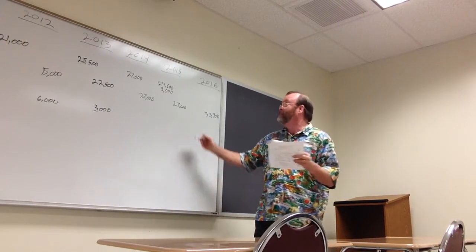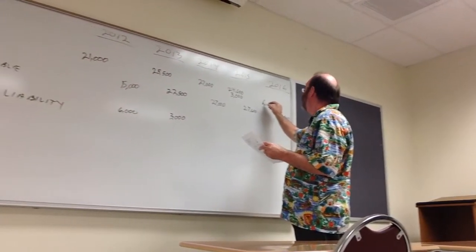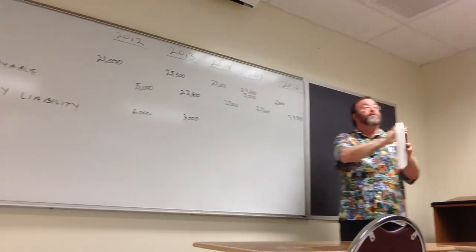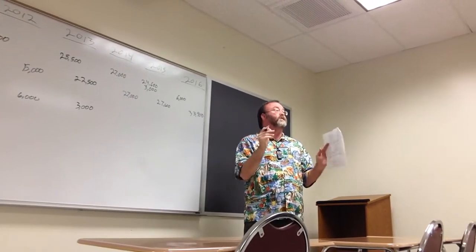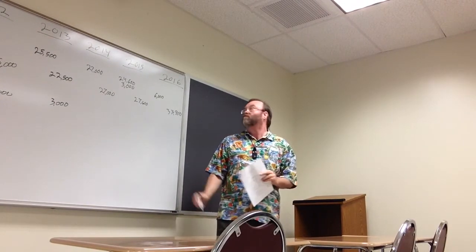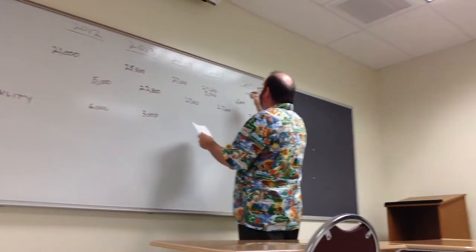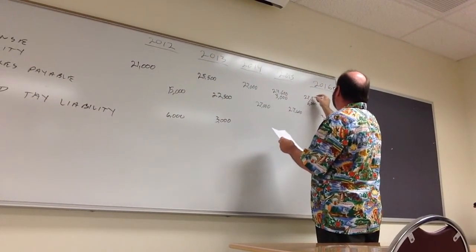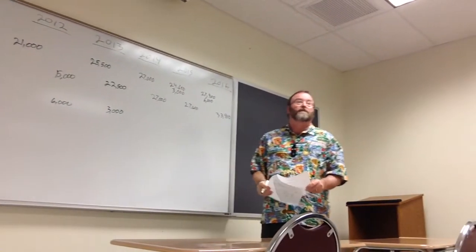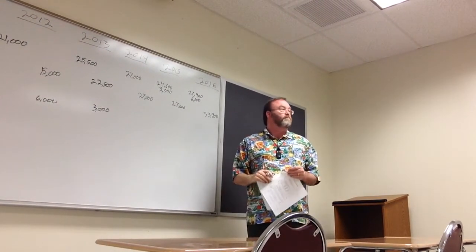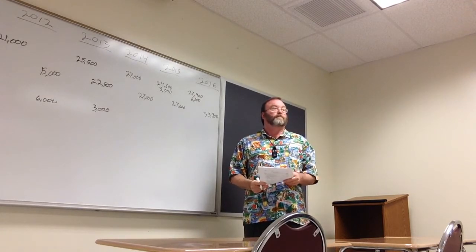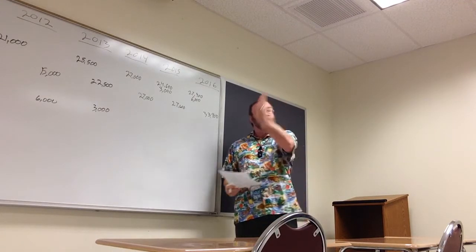And so that's a $6,000 debit to the deferred tax liability, which reduces that account to zero, leaving us with $27,900 in income tax expense. Okay? So that's how this all works.